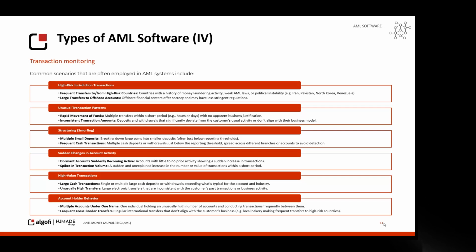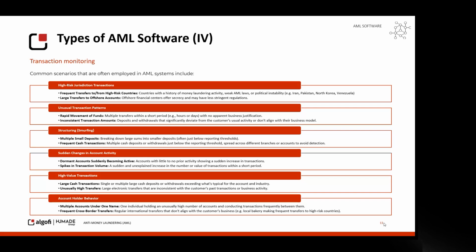High-value transactions. Large cash transactions, single or multiple large cash deposits or withdrawals exceeding what's typical for the account and industry. Unusually high transfers, large electronic transfers that are inconsistent with the customer's past transactions or business activity. And the account holder behavior.